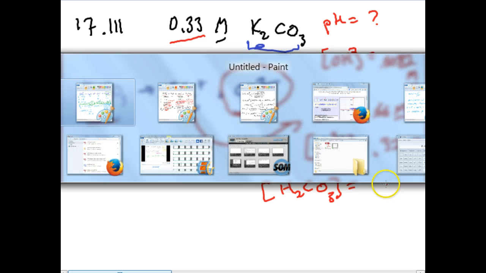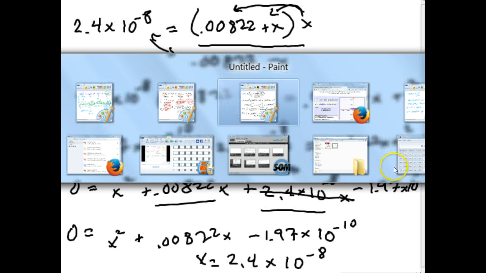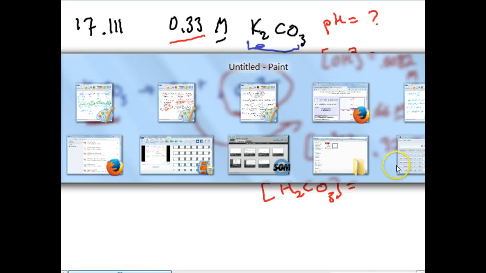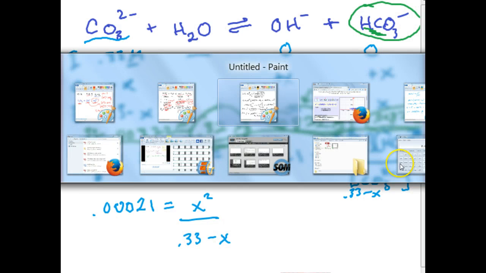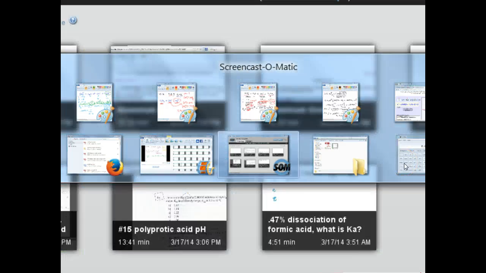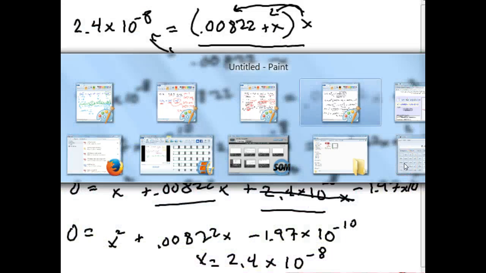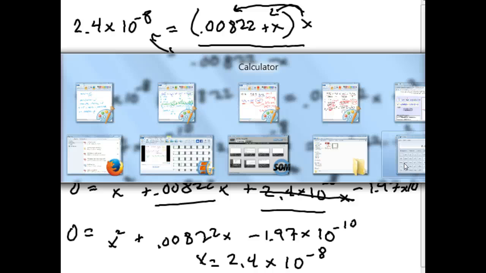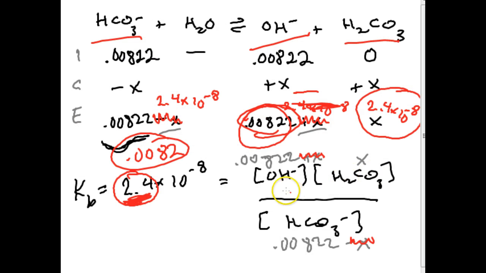And then, I'm not sure if they asked for the carbonic acid concentration. Just in case they did, remember that showed up on our second ice chart. Where is the second ice chart? Sorry. It's this one. Okay, good. The black and red one. So, there it is.